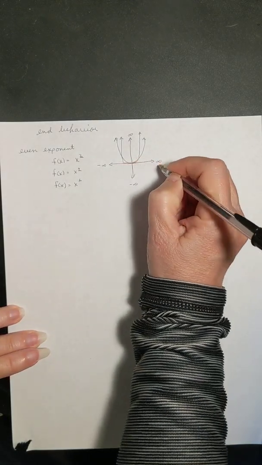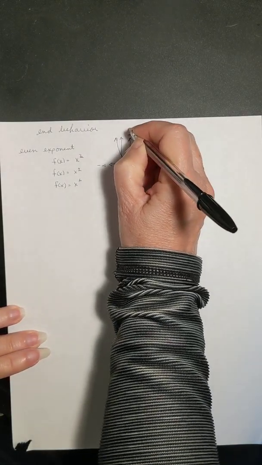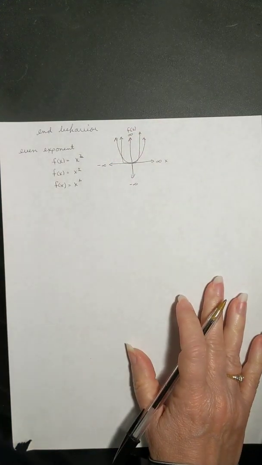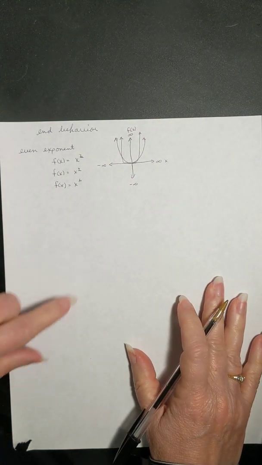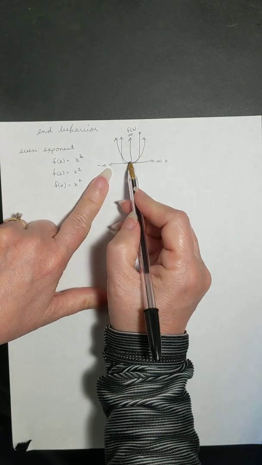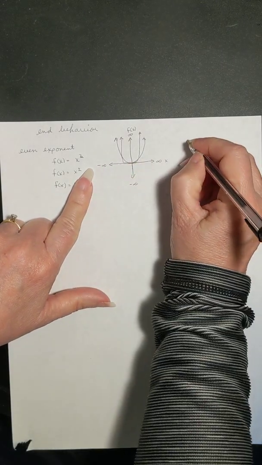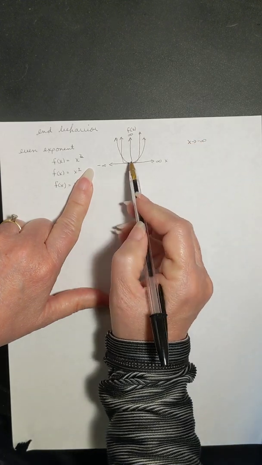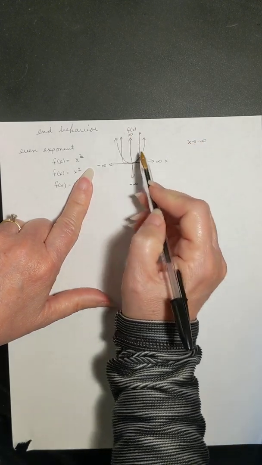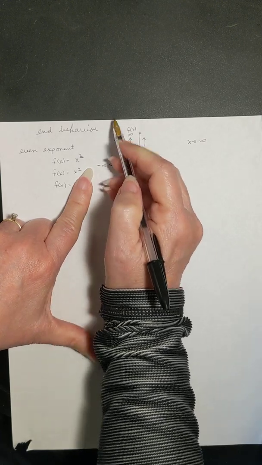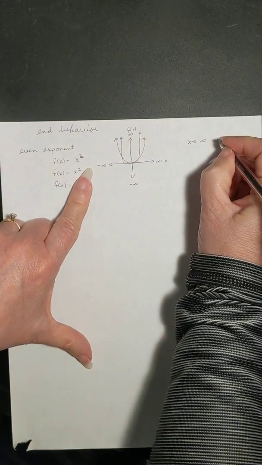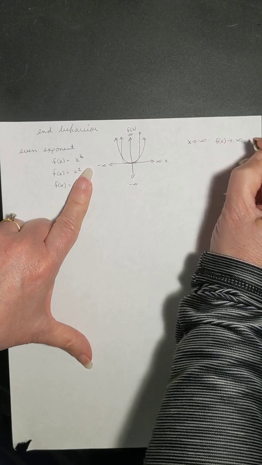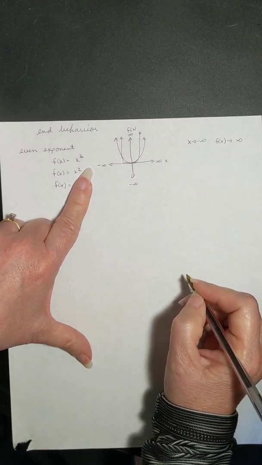Remember, this is our x-axis, and this is our f of x axis. So the way that you say this is that as x goes towards negative infinity, y is going up to positive infinity. So f of x goes to positive infinity.